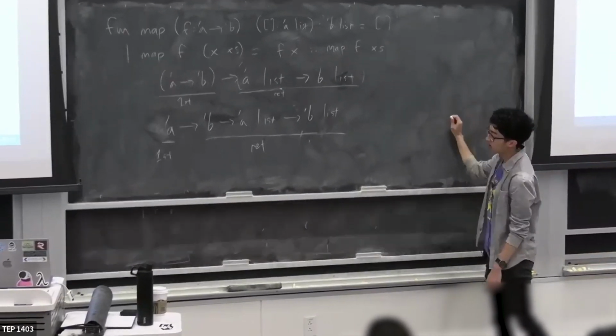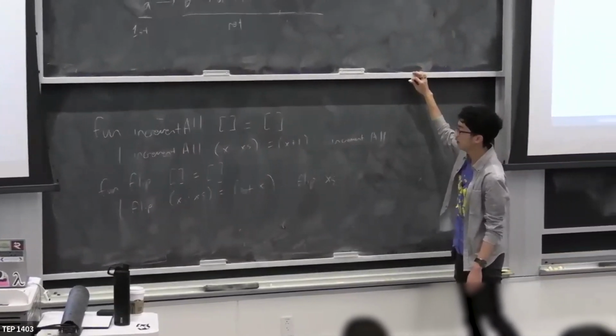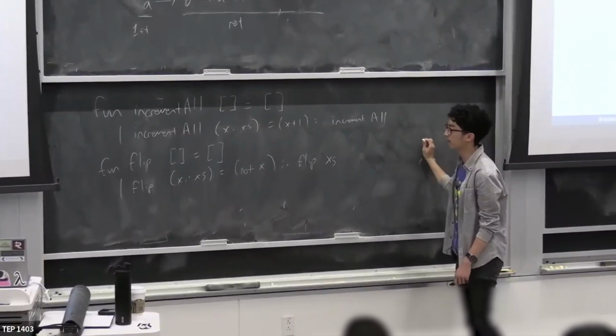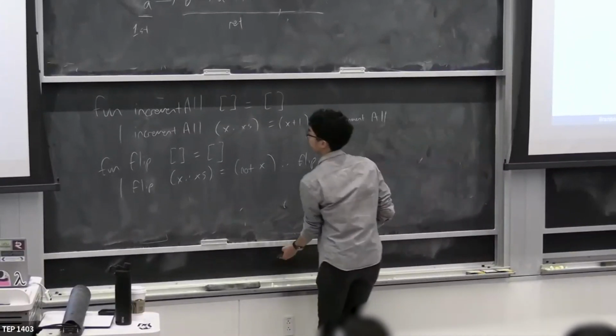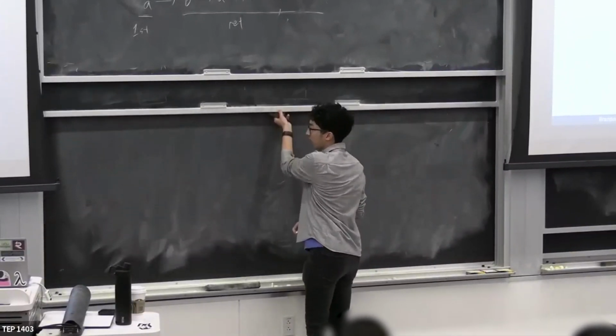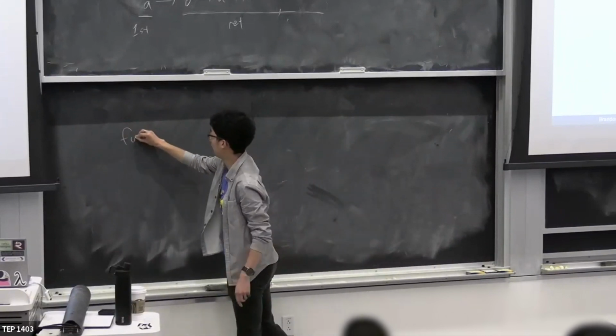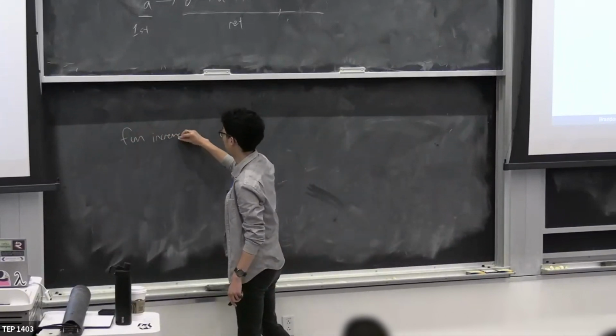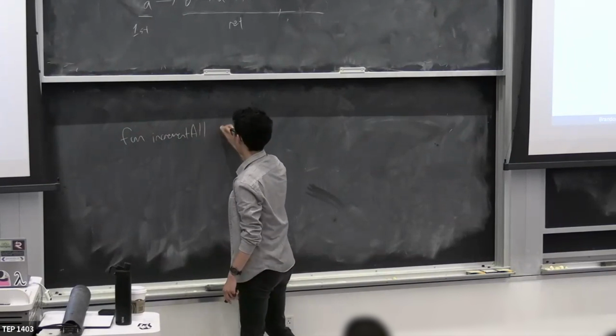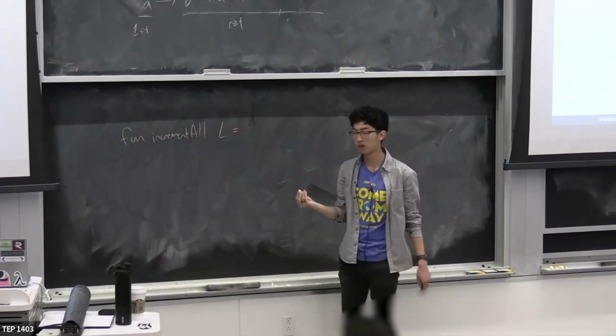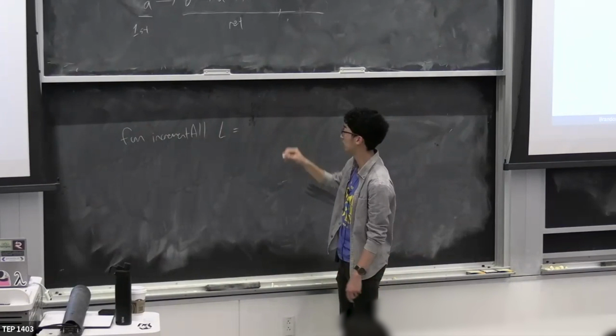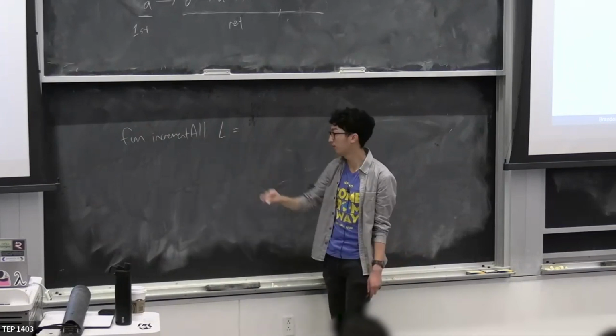And so now, what can I do? Instead of defining increment all and flip like this, here's what I can write. Fun increment all L. So if I want to increment a list L, now instead of doing that nonsense where I define it explicitly, I'm going to not make this recursive.